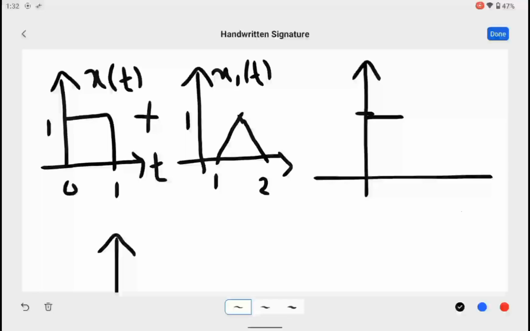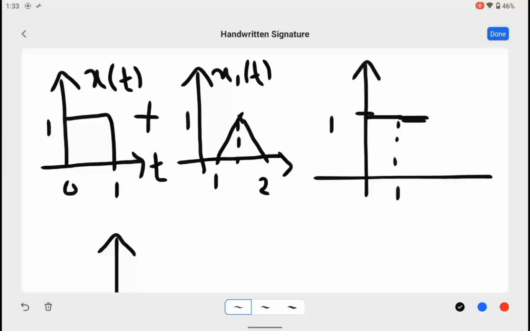At the point 1.5 the signal's amplitude is going to be 1.